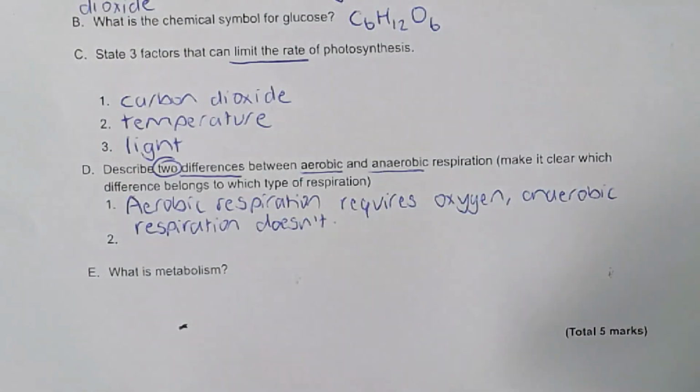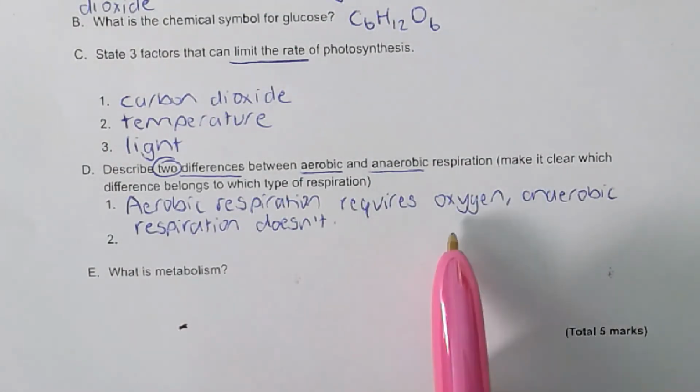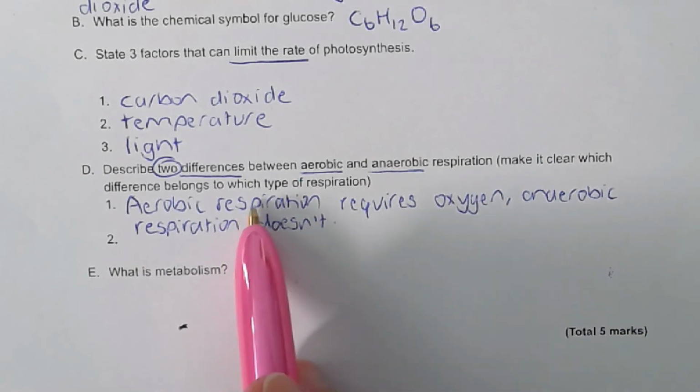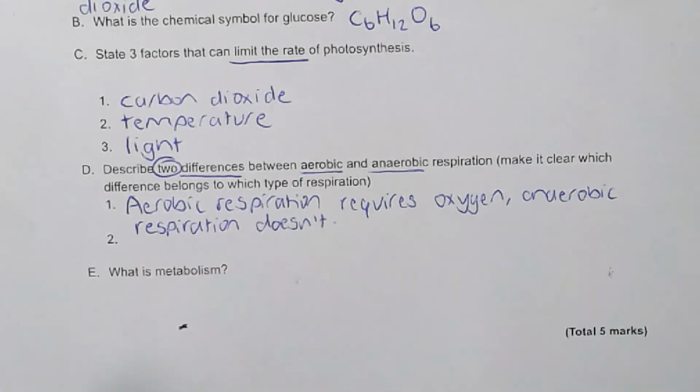Okay, you don't have to write out doesn't require oxygen, but you do have to make that distinction. Otherwise, you're not making it clear that you know that the difference is one does require oxygen and the other one doesn't. You're only stating a fact.